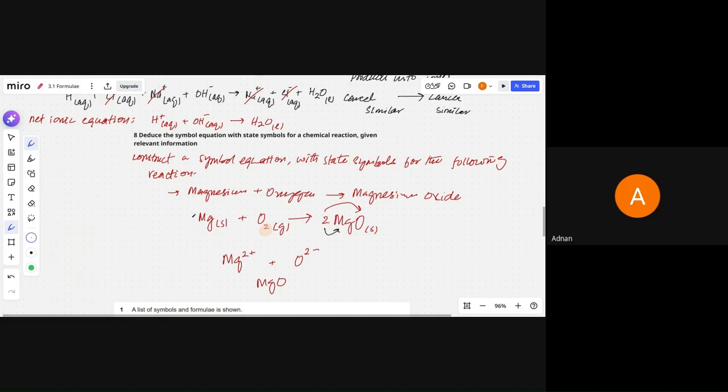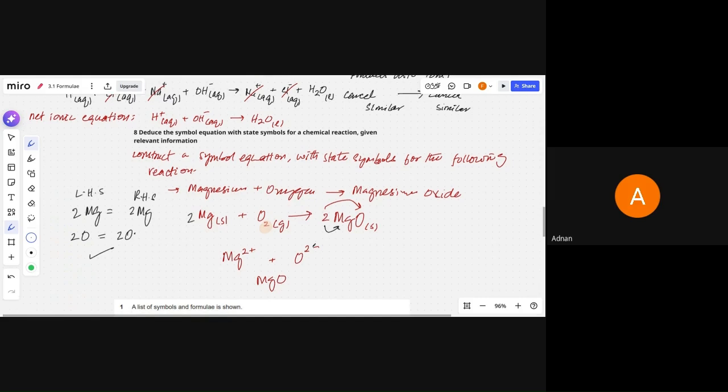So now we have to put 2 here to balance magnesium. So we now have 2 magnesium atoms on the left and 2 on the right, and 2 oxygen atoms on the left and 2 on the right, and yep, the equation is balanced, right?